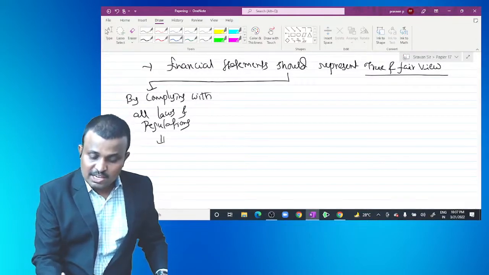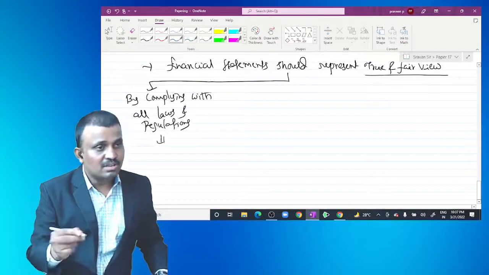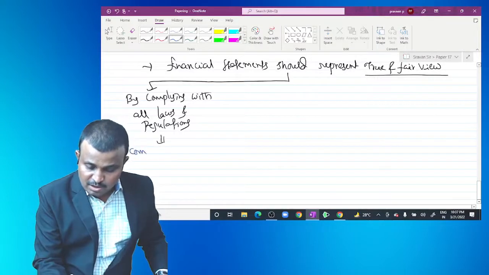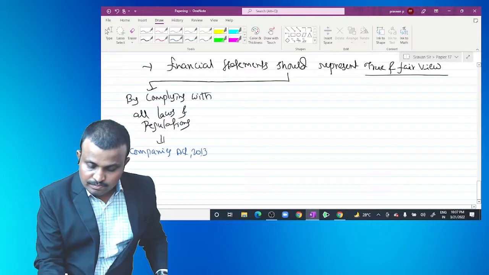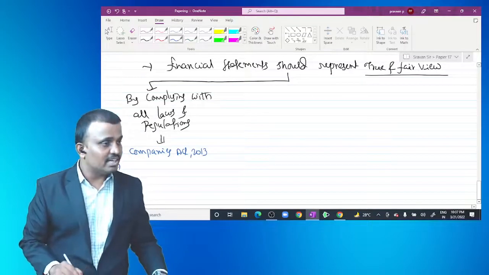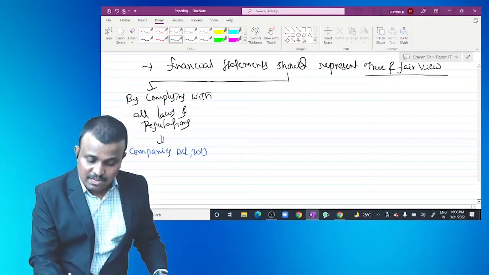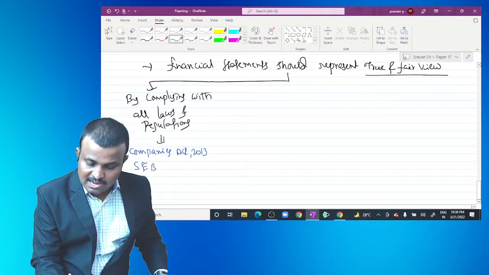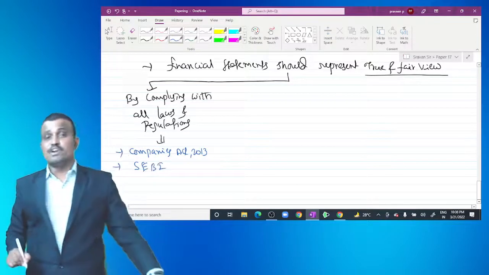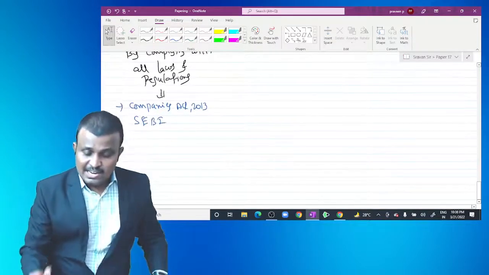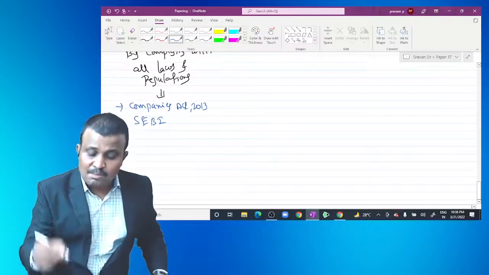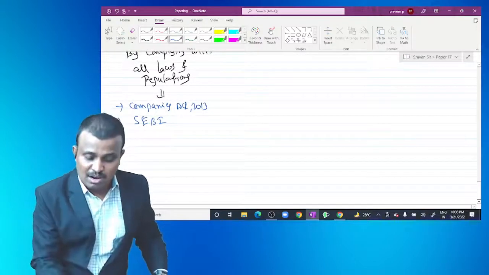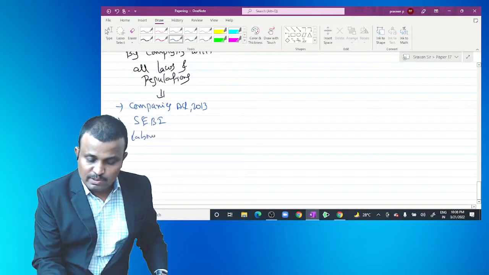Laws and regulations are, for example, in case of a company, we need to follow what? The Companies Act 2013. If it is a listed company, we need to follow SEBI guidelines. And if the company is covered under any labor laws, those labor laws are required to be followed.